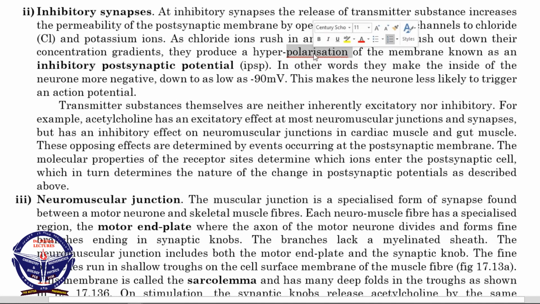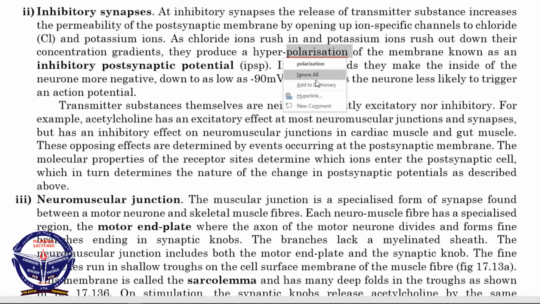So actually the inhibitory synapses decrease the chances of the postsynaptic neuron developing an action potential, because if the potential starts at negative 70 and drops to negative 90, then reaching positive 40 will be very difficult, and that is the result of the binding of the transmitter substance at the postsynaptic membrane. So transmitter substances themselves are neither inherently excitatory nor inhibitory.